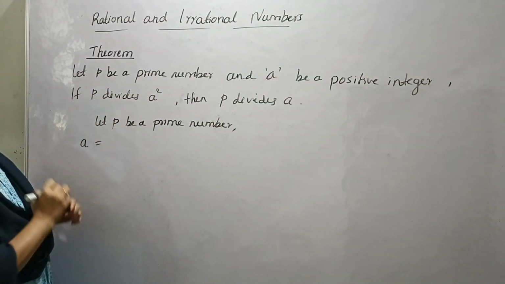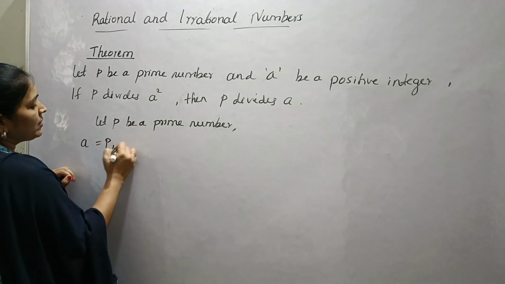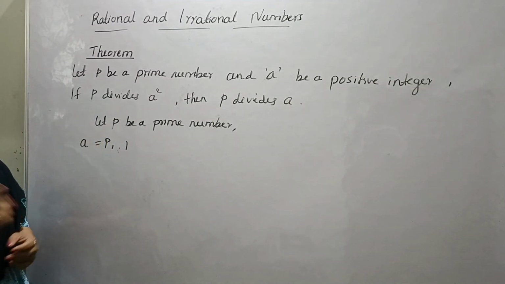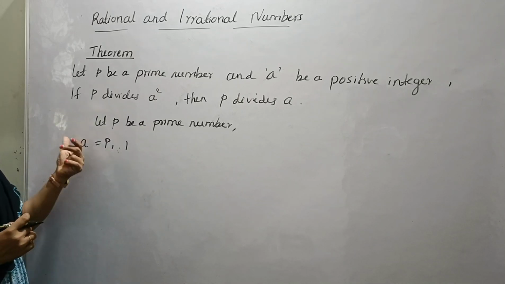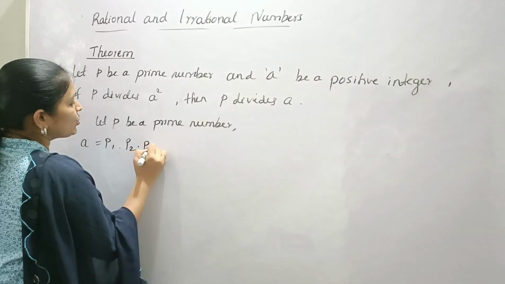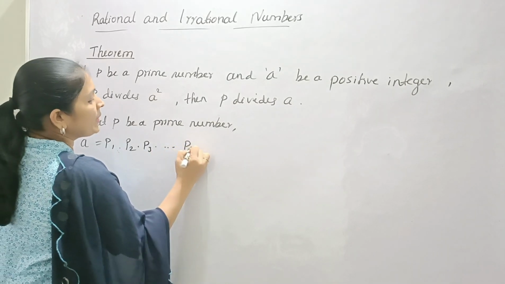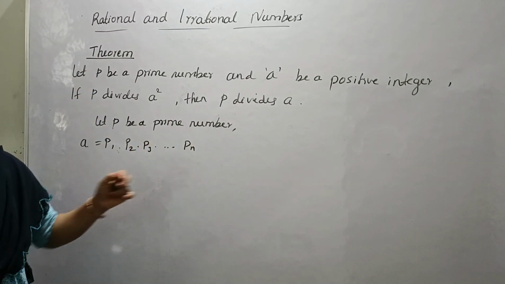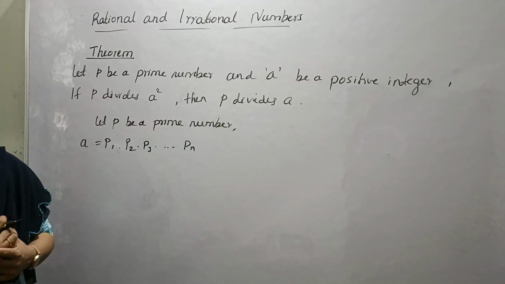Therefore, a can be written as a product of prime factors: a is equal to p1 into p2 into p3 etc. into pn, where p1, p2, p3 etc. pn are prime factors.